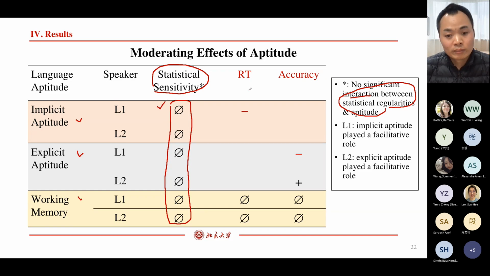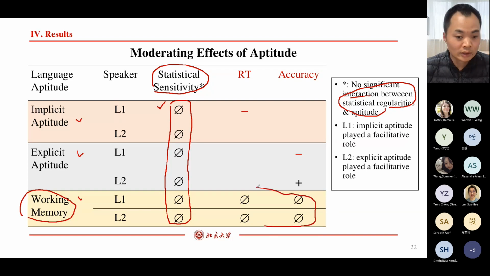The second thing is about the role of implicit aptitude and explicit aptitude, as well as working memory, in collocational knowledge. As we can see at the bottom here, working memory didn't show any role, any effect, in this phrasal acceptability judgment performance.